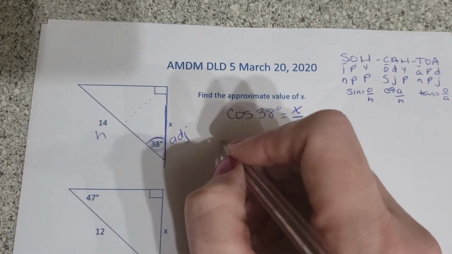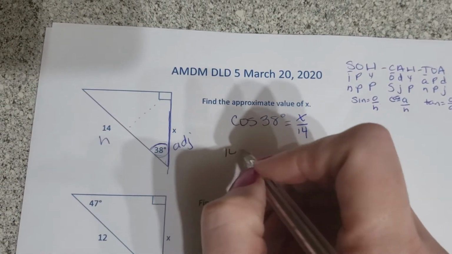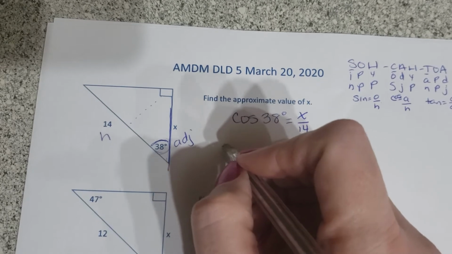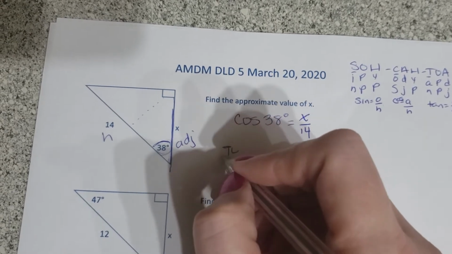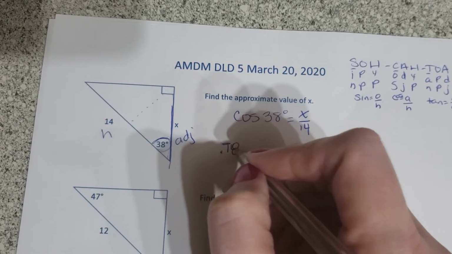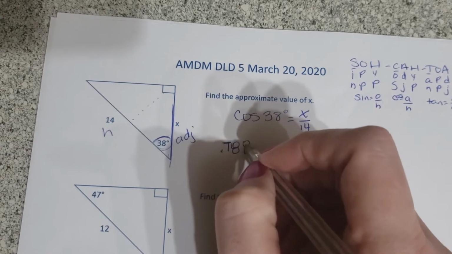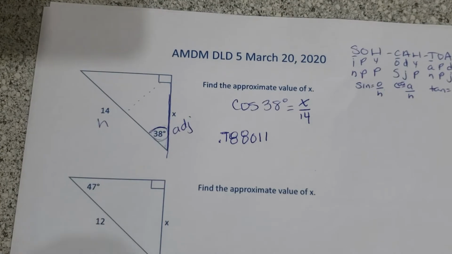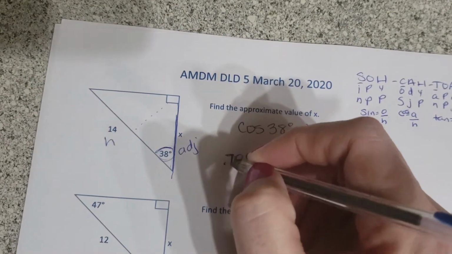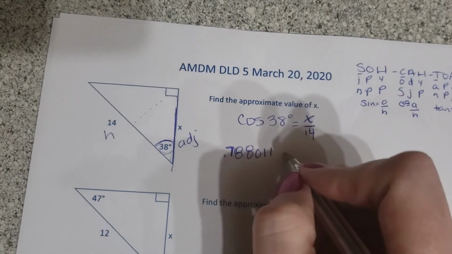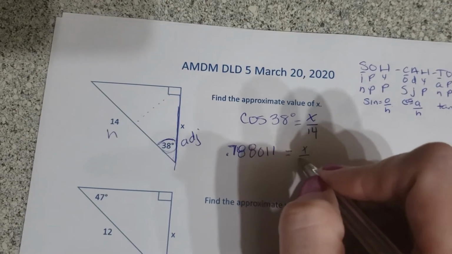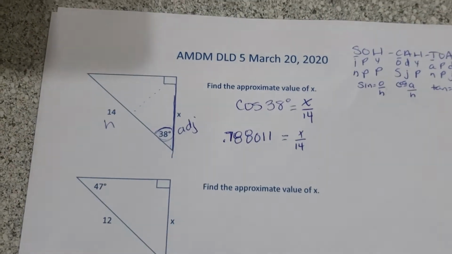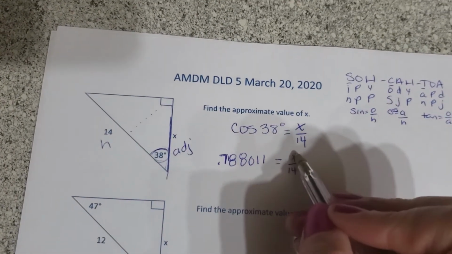Cosine 38, if you put that in your calculator, that comes out to 0.788011. Sorry, that 7's a little wacky looking. And that's going to be equal to x divided by 14. So now I want to solve for x.